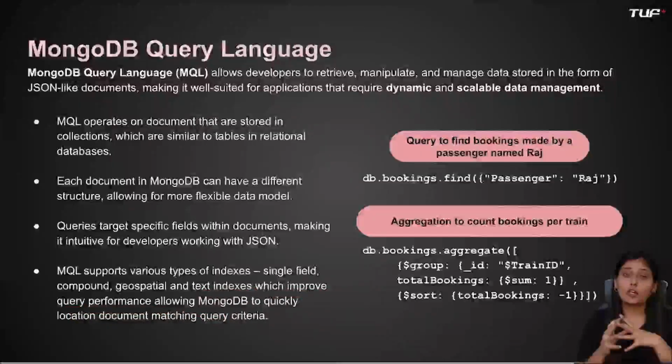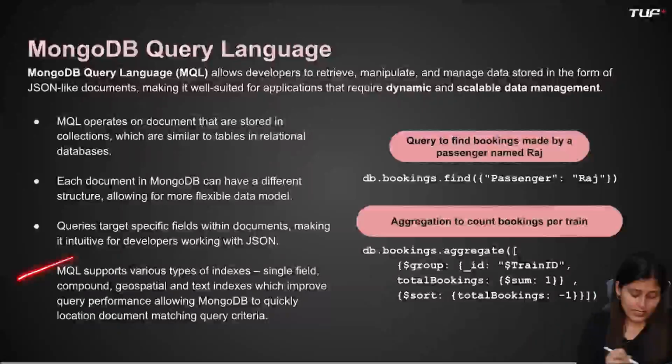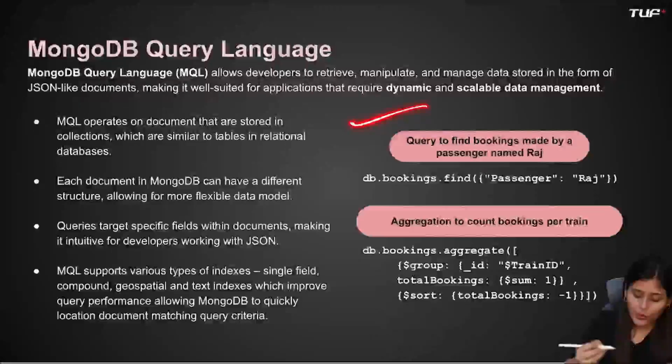So indexing is allowed here, and we can fetch data on the basis of indexing as well, and geospatial as well. What is geospatial? We'll be learning about it in the last lecture of this video. MongoDB also supports that indexing format, which makes retrieval very fast. So this is how we actually query the data.